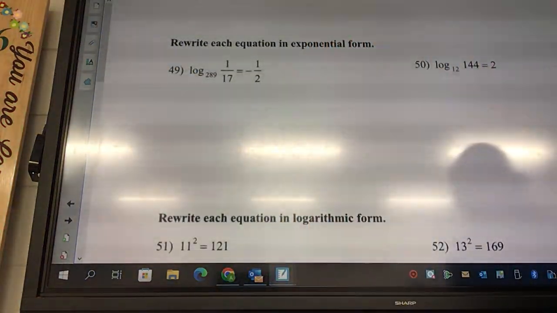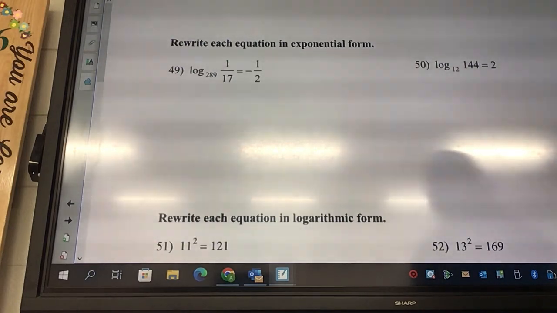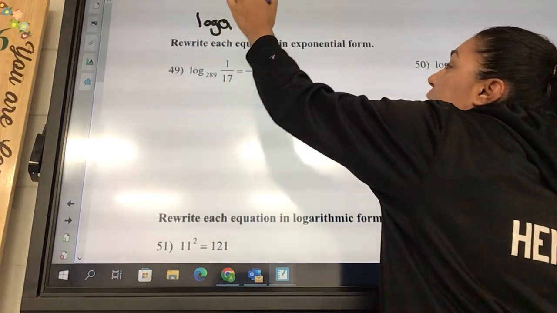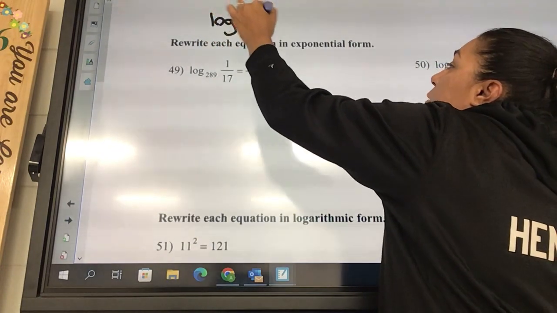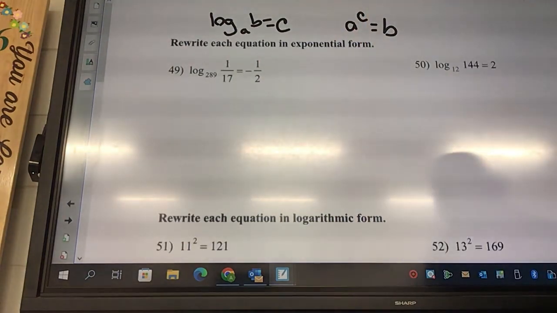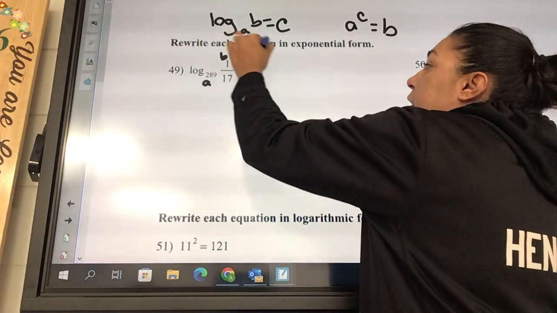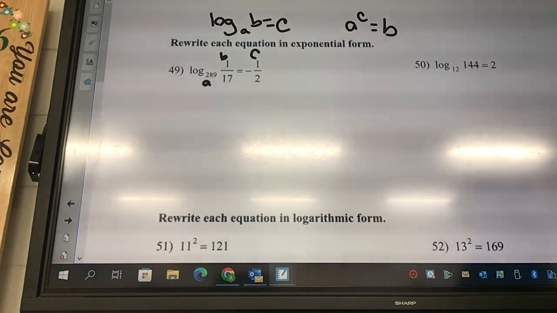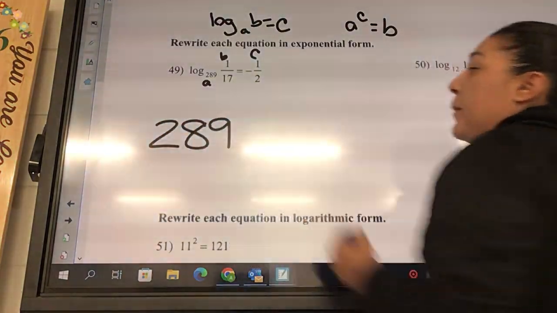Okay, the next section is about rewriting logs in exponential form. So this goes log base A of B equals C, and then this goes A to the C equals B. So 289 is A, this is B, and this is C. So what number is going to come first? 289 to the what power?